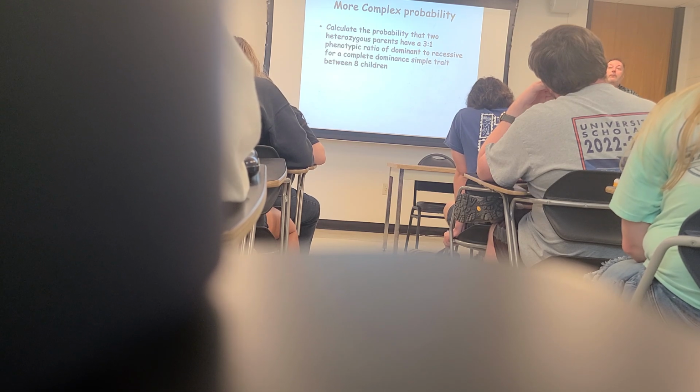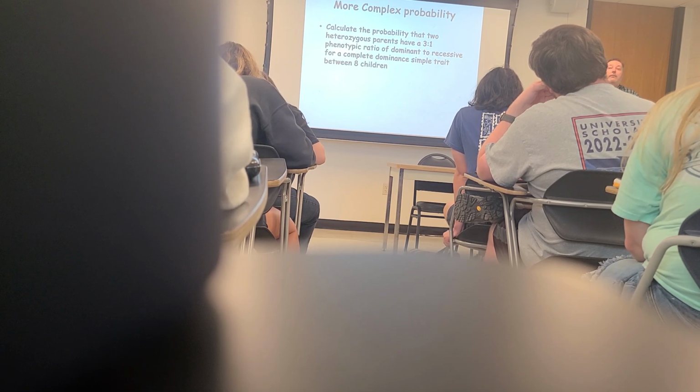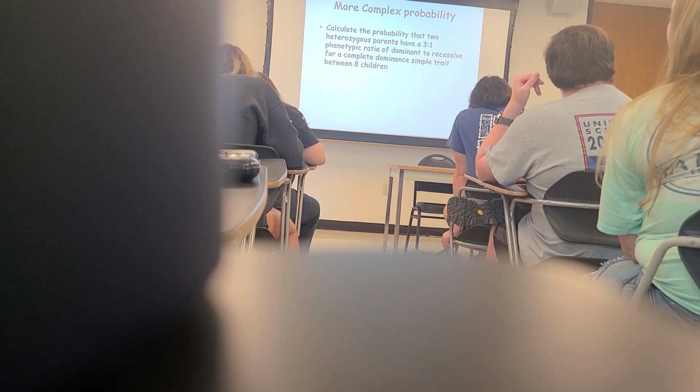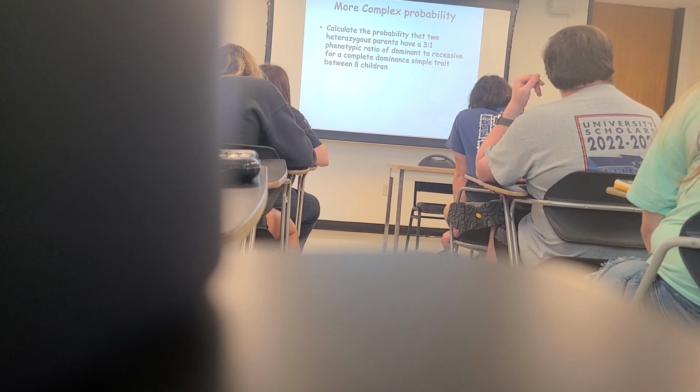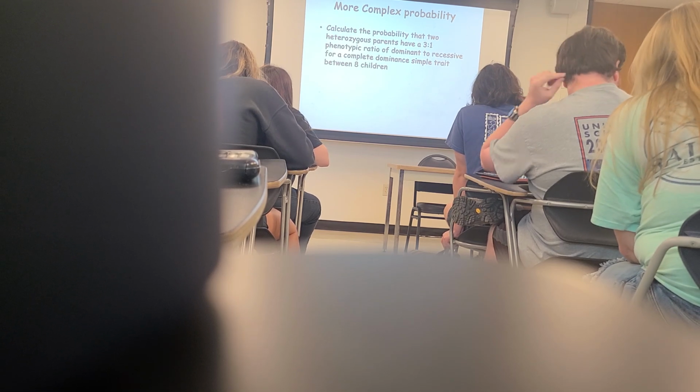Or we can do P and Q first. Who wants to do N? Let's do N first. What's N? How many total children are we trying to get? 8. Hopefully N is the easiest number to get.